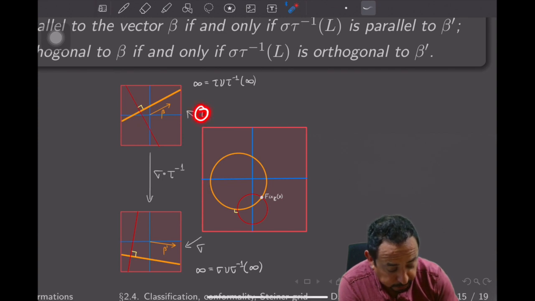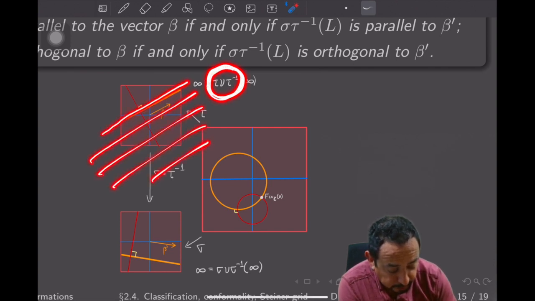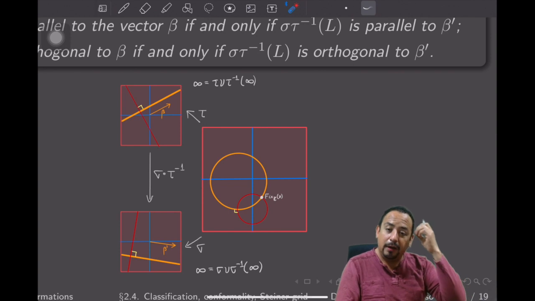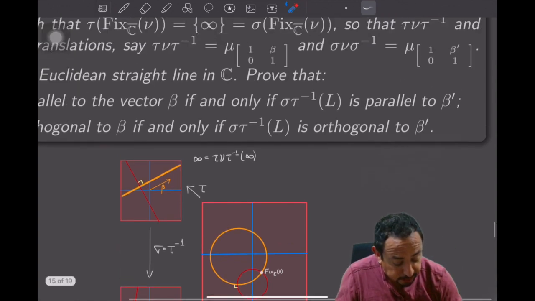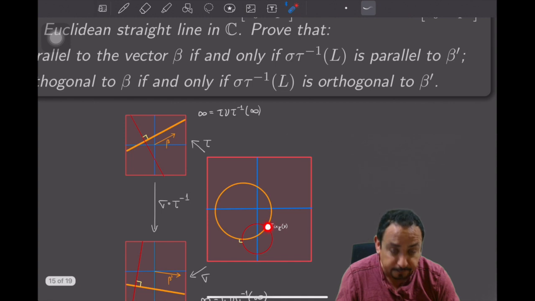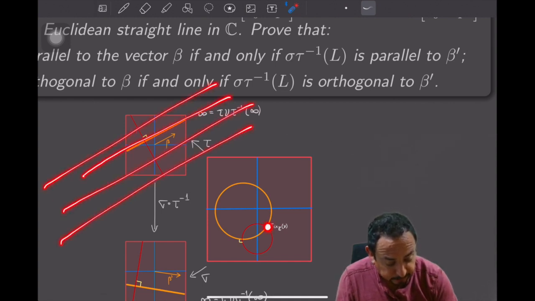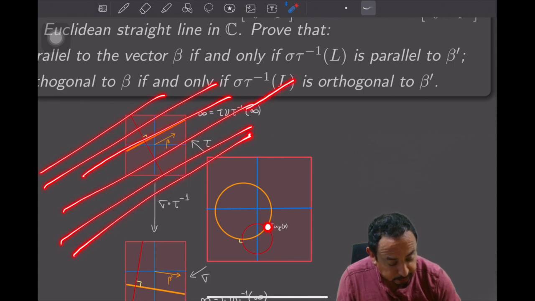I can just use it to conjugate, and then once I conjugate, I know that this is a translation, so I know it's given by translating by some vector beta, and then I can just apply tau inverse to this, and what I obtain is a well-defined family of circles in C bar through infinity. Sorry, through the fixed point, because I know that all of these really are circles in C bar that go to infinity.